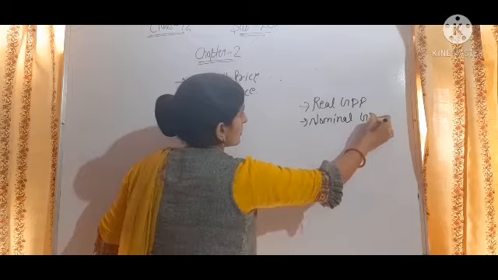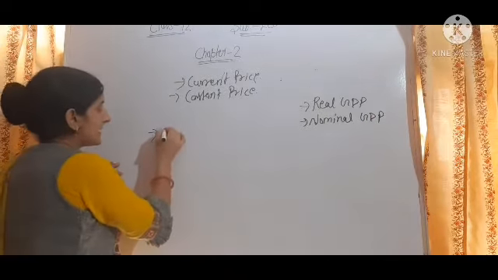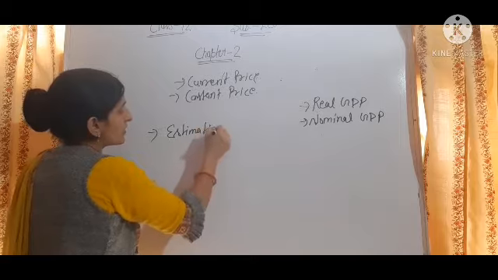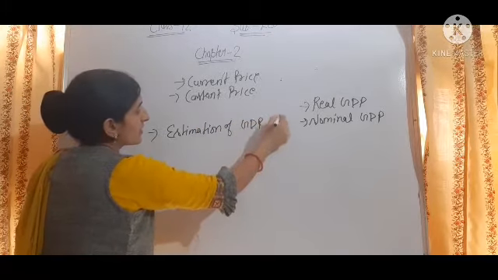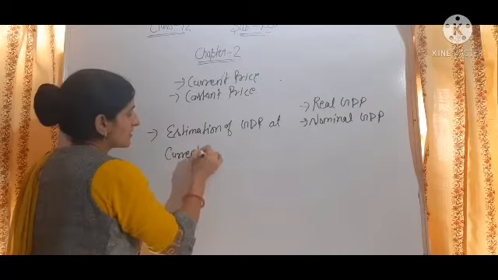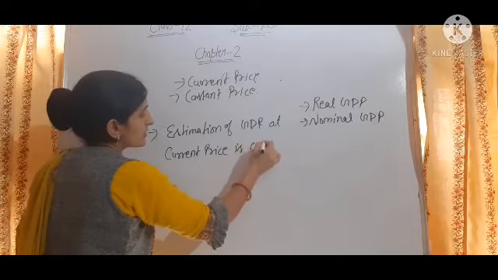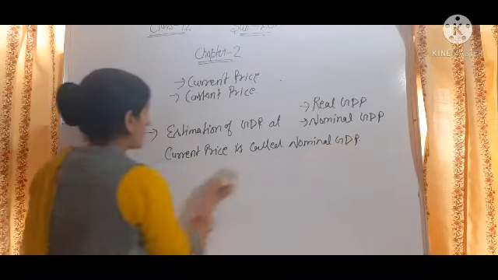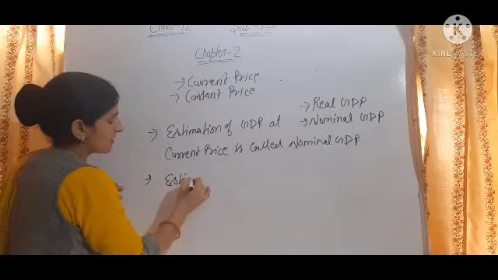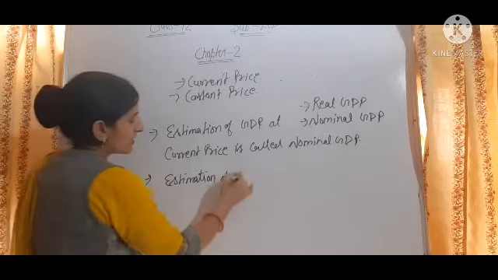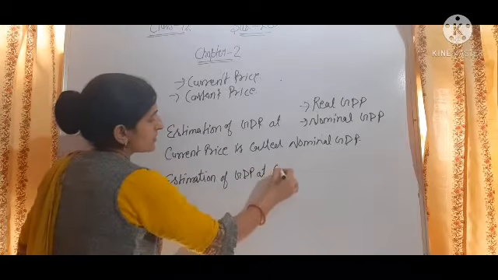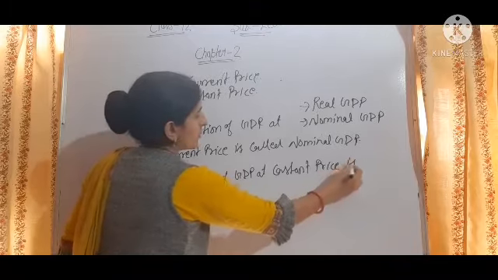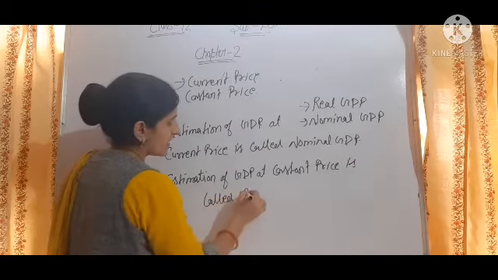Nominal GDP. When we calculate GDP, the estimation of GDP at current price is called nominal GDP, and the estimation of GDP at constant price is called real GDP.